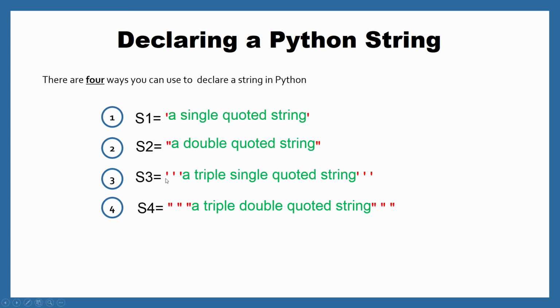Moreover, we know that the 3 single quotes and the 3 double quotes both accept a new line as part of the string, but the single quotes and the double quotes alone don't accept the new line. There is more that we can know about strings, but this is just how to declare a Python string in general. We're gonna study more about Python strings in another video.